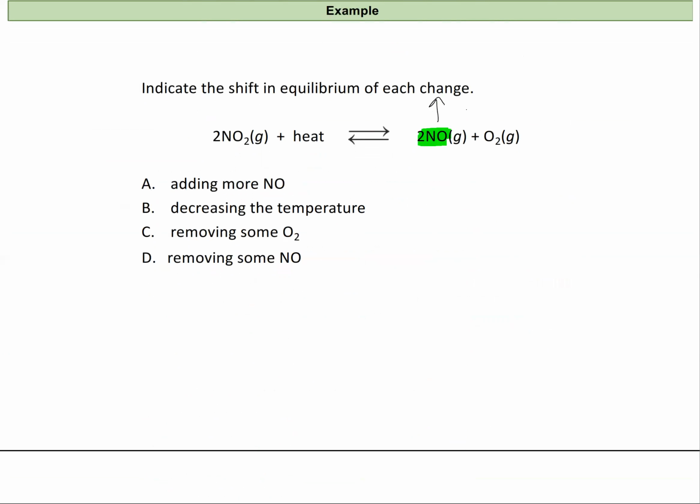That means we're going to have more of these products that can collide, and so we're going to see that reverse reaction increase. So as we do that, equilibrium will shift to form more reactants in order to reestablish it.